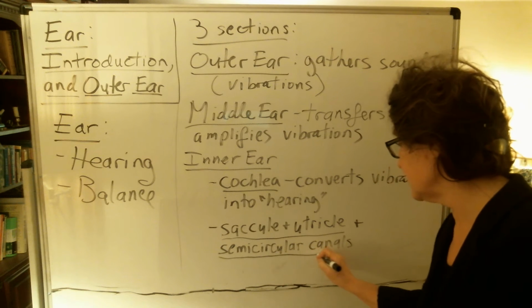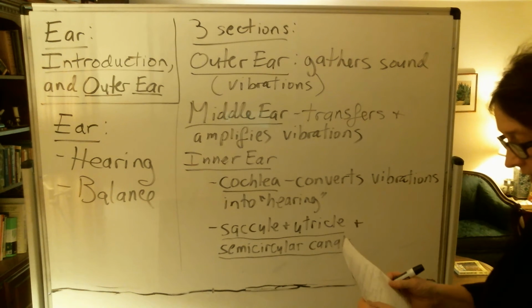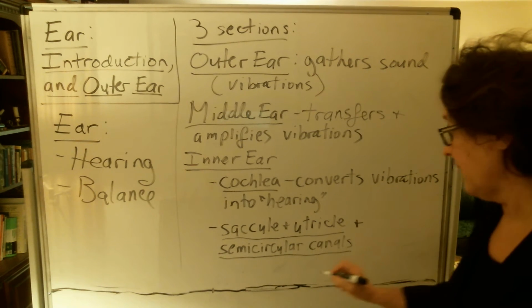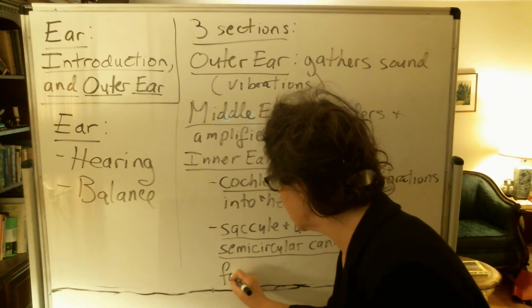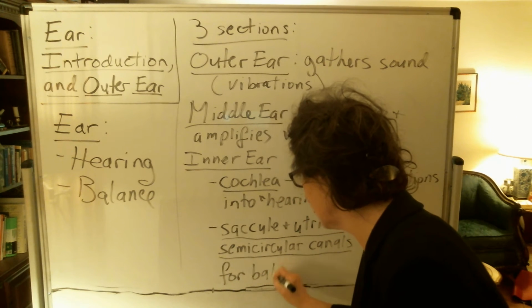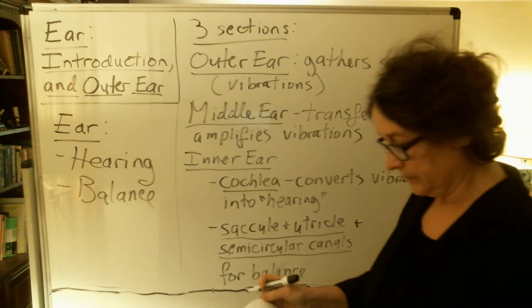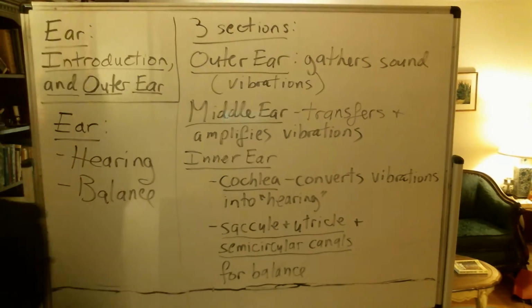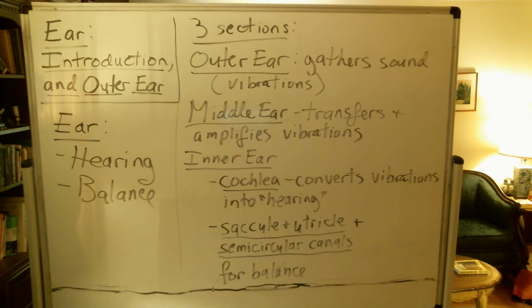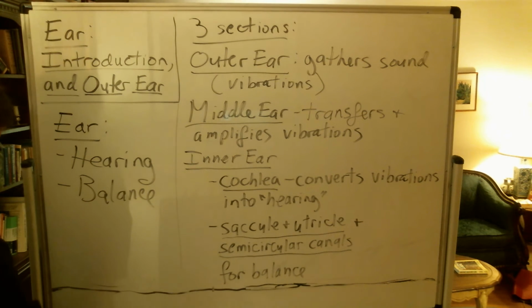All of these small structures in the inner ear are for balance. So those are the things that the ear does.